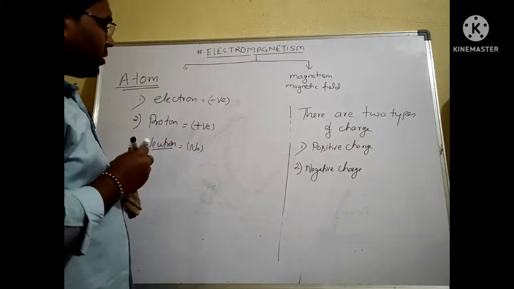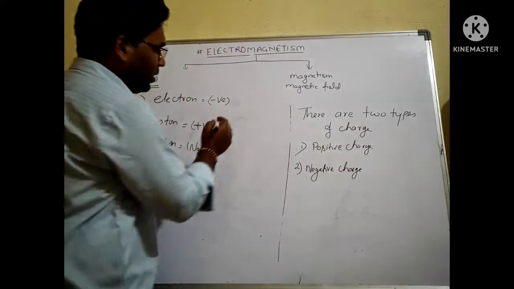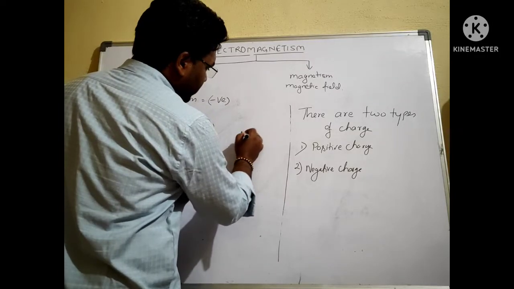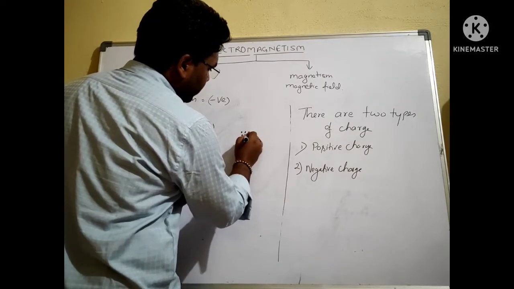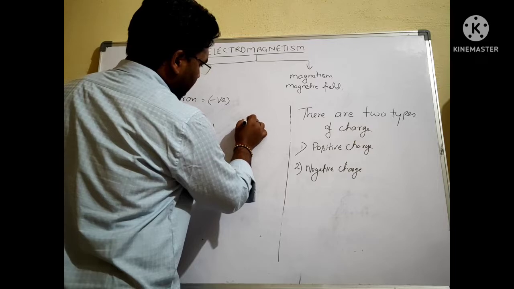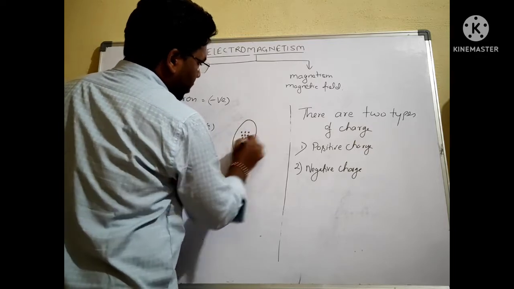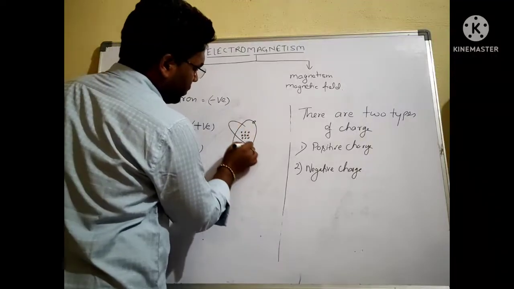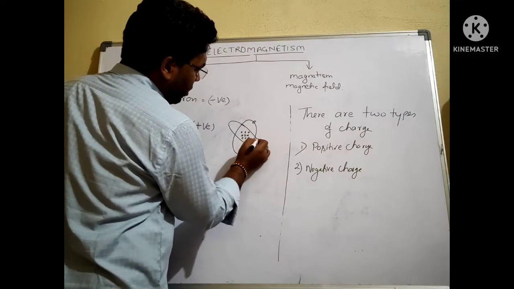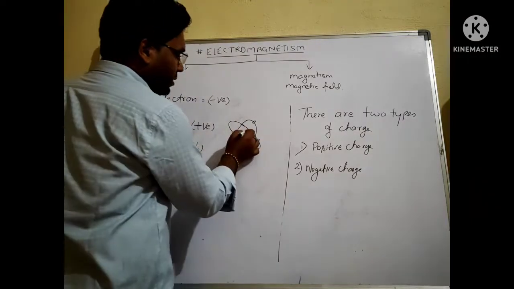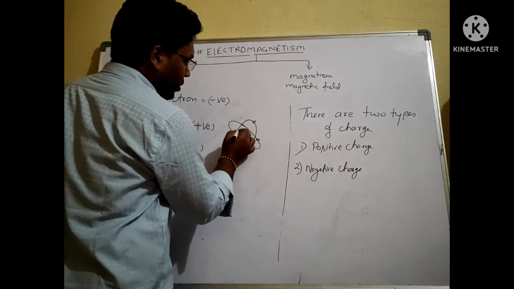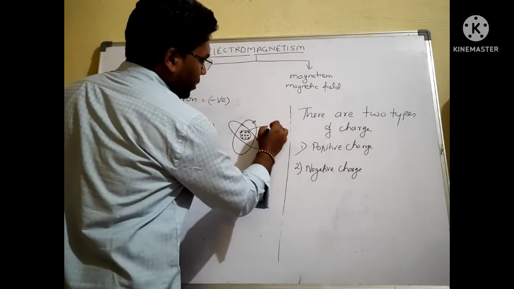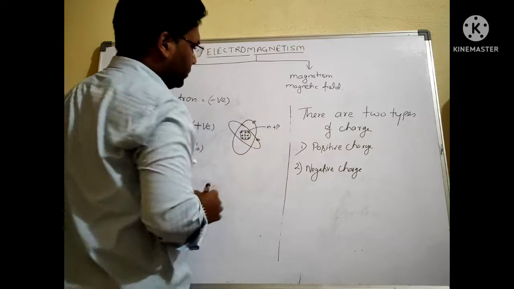If we draw the simple diagram of the atom, we can make it like this. Let us consider this is the nucleus and this is the orbit of electrons. Under this nucleus you will find neutron plus proton.